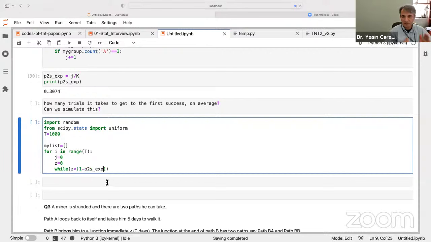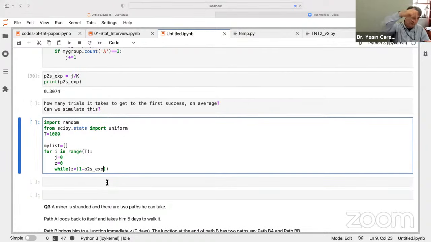Again, imagine that I have a number line from 0 to 1. Any number between 0 and the probability of failure represents the region where I will fail. Any number between the probability of failure and 1 represents the region where I will succeed. So I'm going to pick a random number between 0 and 1 and see which region it falls into.